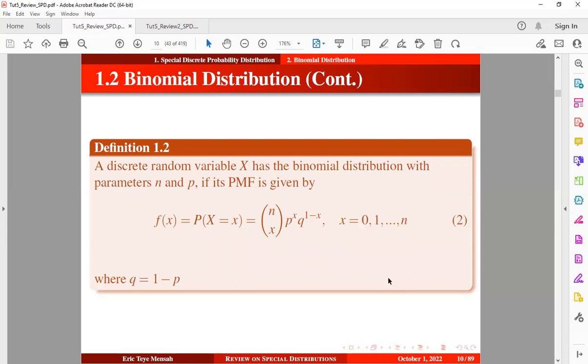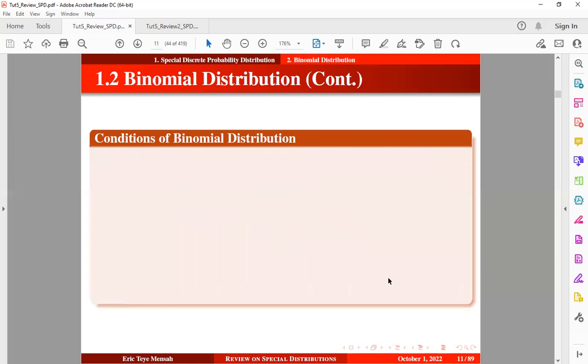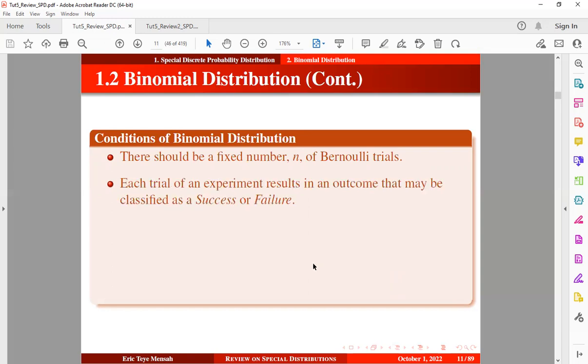Okay, now let's take a look at some conditions regarding the binomial distribution. So one of them states that there should be a fixed number of Bernoulli trials. Okay, so once we have a fixed number of Bernoulli trials, then we have a binomial distribution. The second condition states that each trial of an experiment results in an outcome that may be classified as a success or failure.